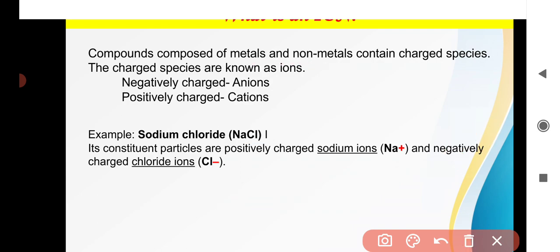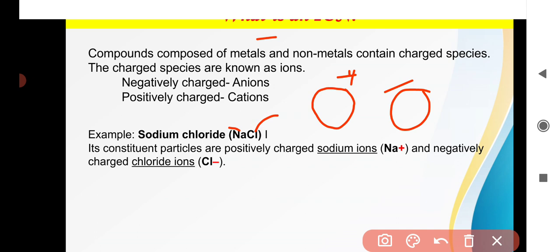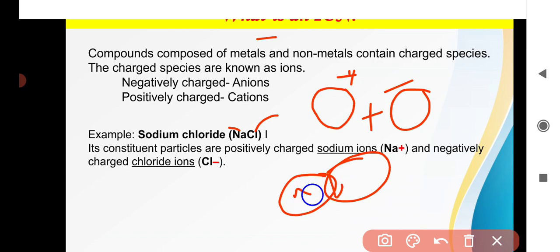So this is the combination of a metal and a non-metal. They are combined by the nature of their charges: one is positively charged and the other is negatively charged. When you combine them together, they share electrons and form a molecule.